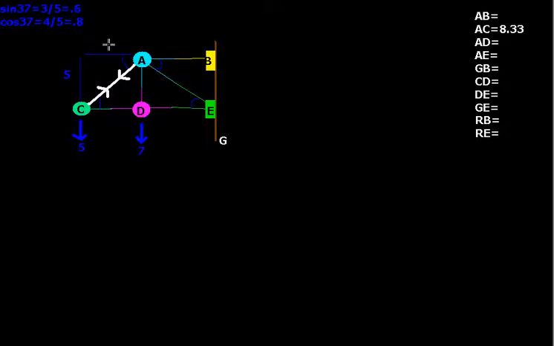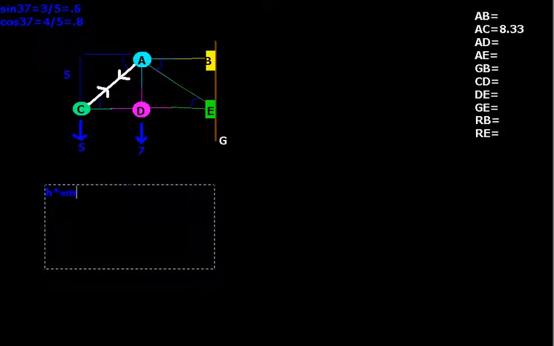Okay, so how do we go about solving this? Well, what's the horizontal portion of this AC? This is just what I was trying to hopefully make clear to you, that the hypotenuse times the sine gives us the opposite, and the hypotenuse times the cosine gives us the adjacent. And right here, if this is our angle, this is our adjacent.